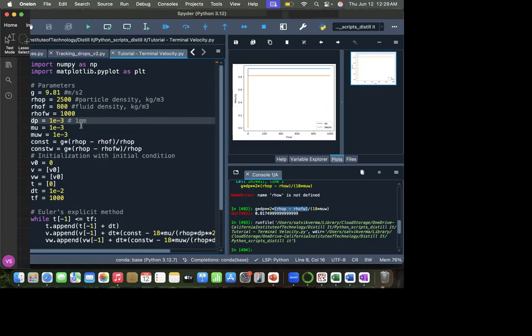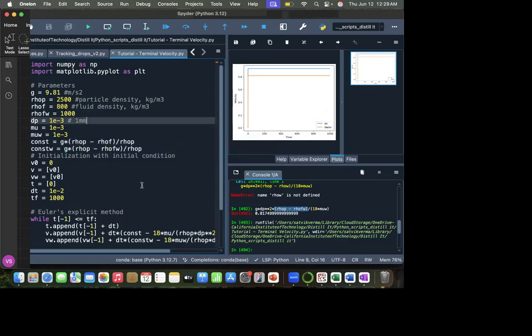If that seems very complicated, you could just see the differences between the terminal velocities for different particles and see where exactly is the terminal velocity going to lie for each of the particles, right? That could be a good exercise and a good practice while you're dealing with Python.